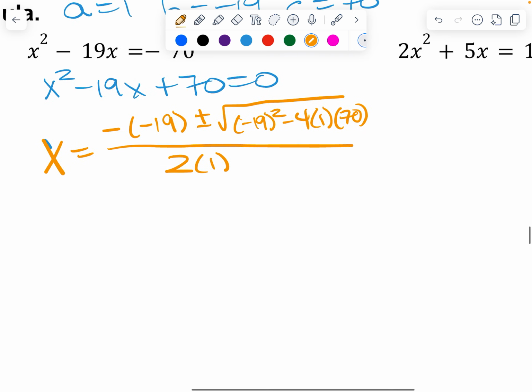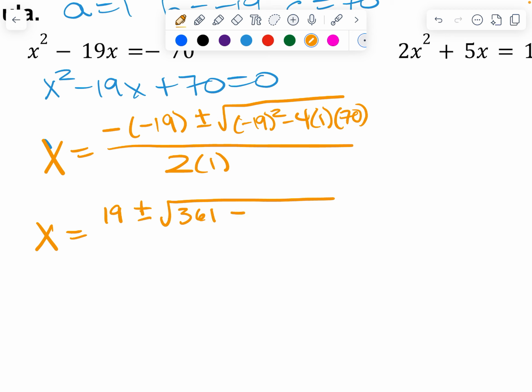So now I do this. So 19 plus or minus, okay, I want to say it's 371. No, 361. 361 minus 280 over 2.